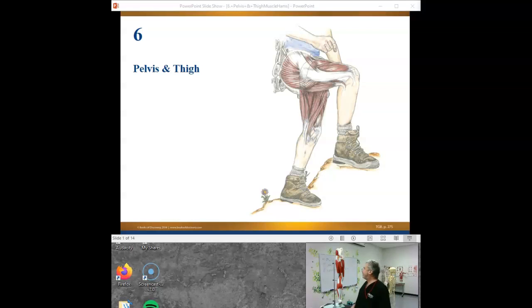Which of the hamstrings and heads of the hamstrings can create an extension of the hip? It would be the long head. Long head of what? The long head of the biceps femoris can definitely create an extension of the hip. Anything else?